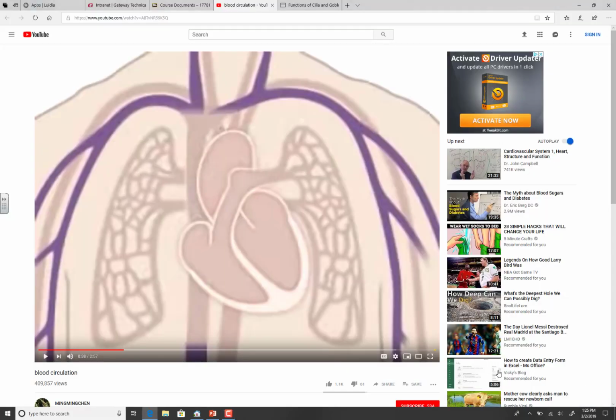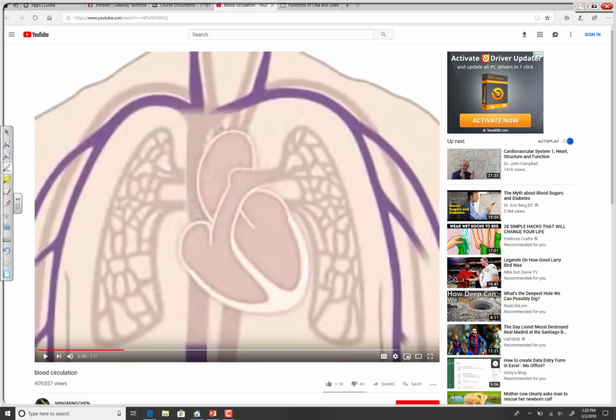Okay, now look, if you recall from our study of the cardiovascular system, we talked about the fact that all venous blood from the body returns to the right side of the heart.